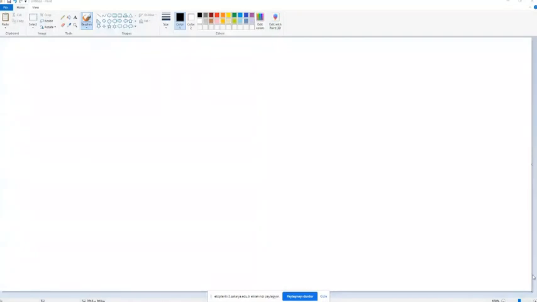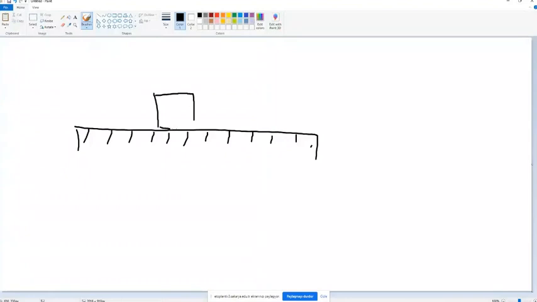Let me explain it to you before giving the important books. For example, we have got a surface, a tabletop. We have got something on it.